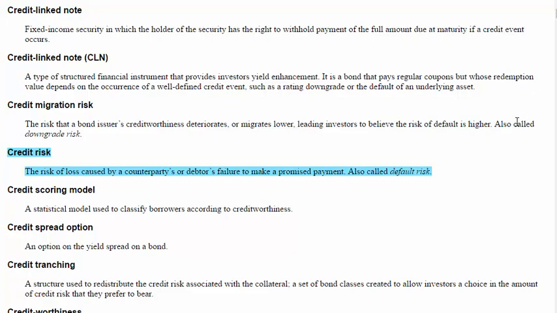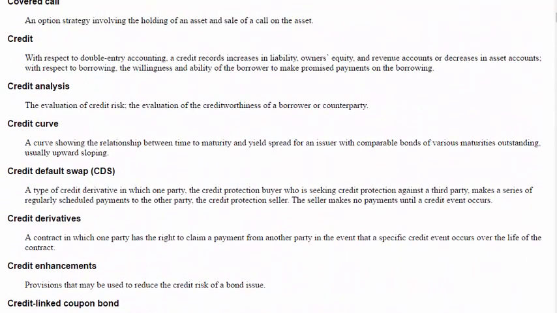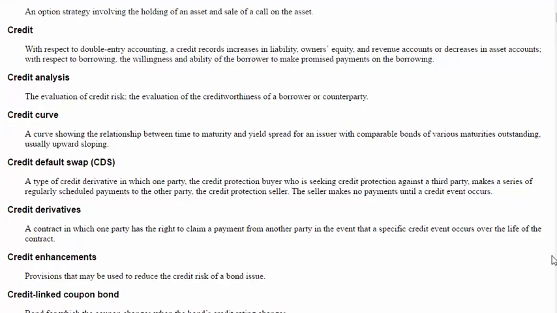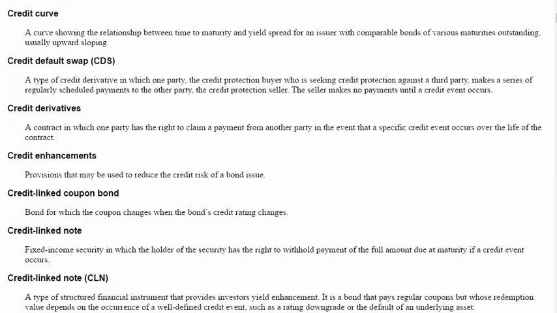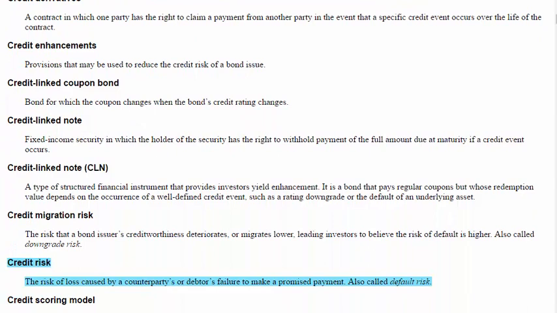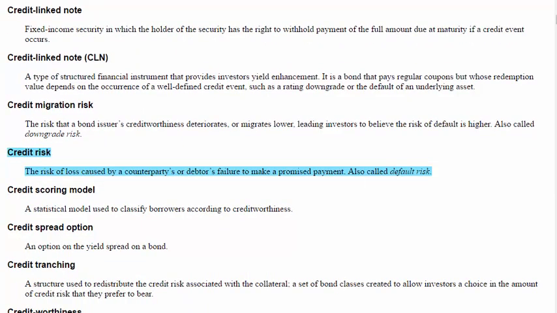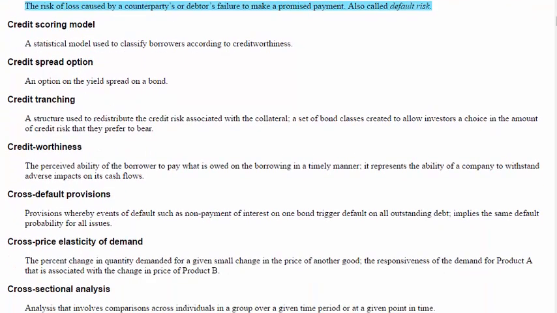So if I just scroll up a little bit here, you can see that there is a lot of definitions with regards to credit. The first one, credit. With respect to double entry accounting, well, that's talking about the debits and credits. Credit analysis, credit curve, credit default swaps, credit derivatives, credit enhancements, credit-linked coupon bond, credit-linked note, credit migration risk, the credit scoring model, the credit spread option, credit tranching, credit worthiness.